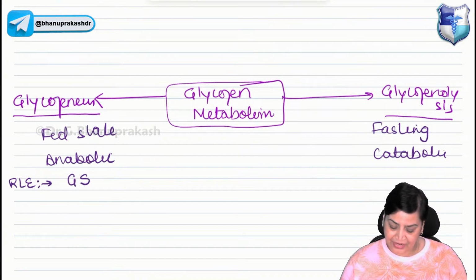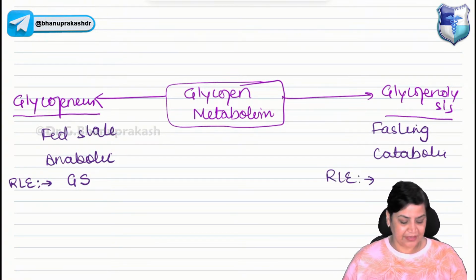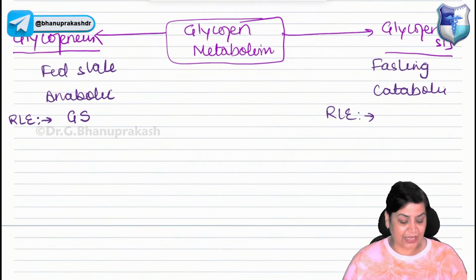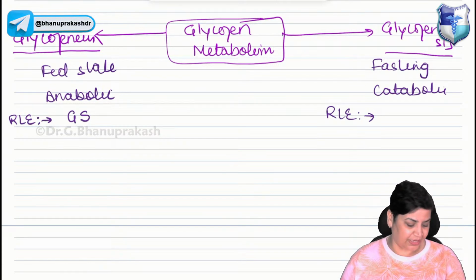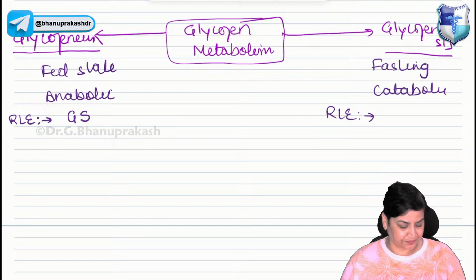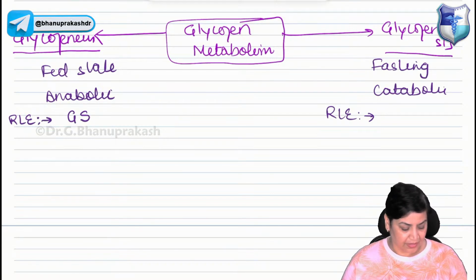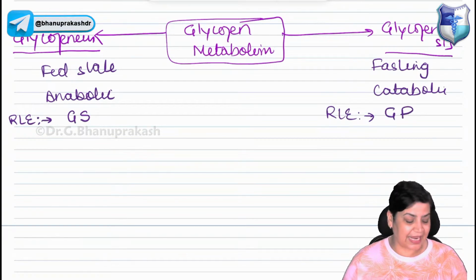And the rate limiting enzyme in glycogenolysis is, after this, we will be discussing gluconeogenesis. Glycogen phosphorylase. Very good, Animesh. Sandeep, beta, it is glycogen phosphorylase.